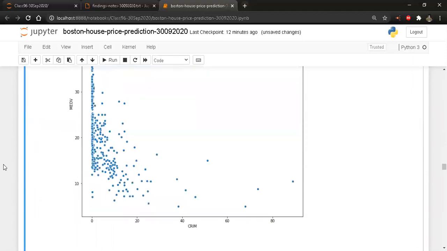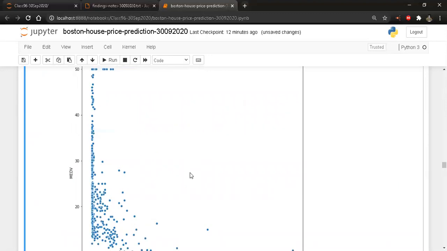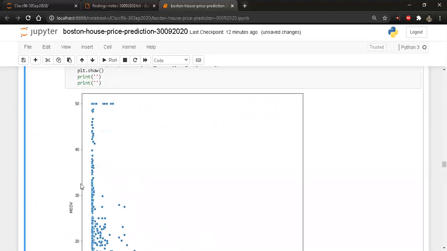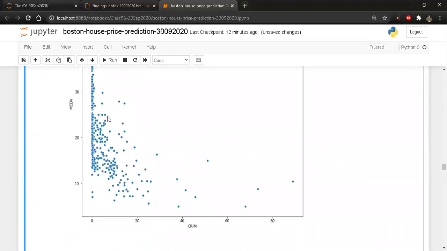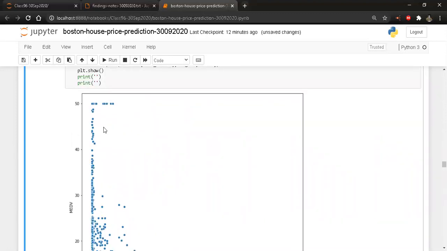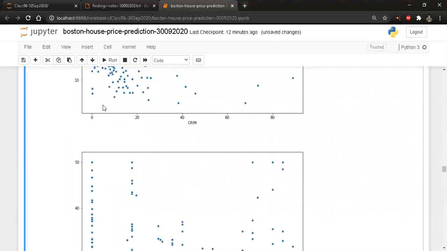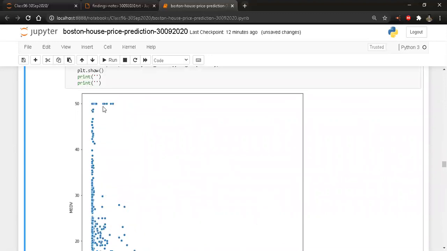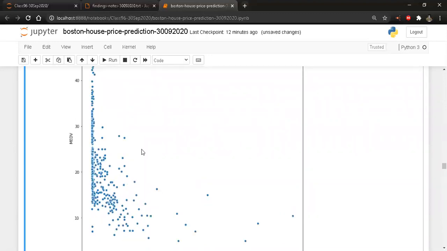So obviously there is not much of a linear relationship between crime and MEDV. What is happening over here is it's all coagulated at one place. There is no line that I can fit over here. Maybe I can fit one line which is going to be a straight line, but that's not going to be a regression line. A regression line will be something.